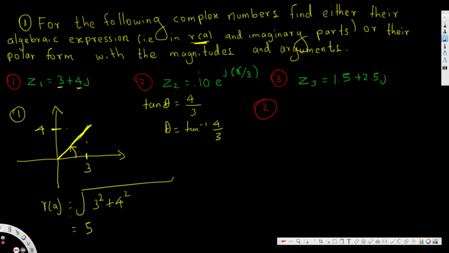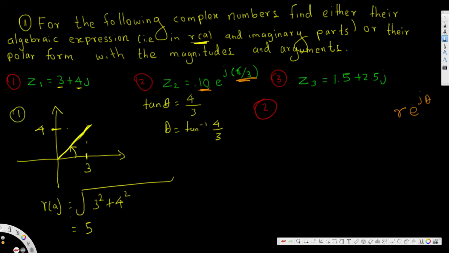Second part is given in an exponential form. If we have an exponential form, it's always r, the first number is r, and e power j theta. J theta, this is the angle and this is the r.